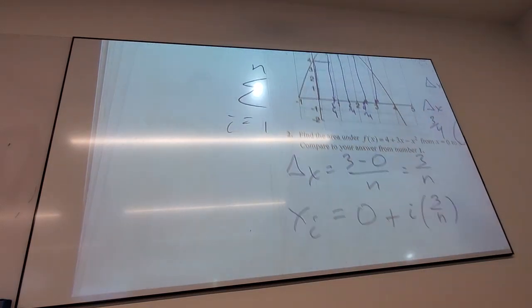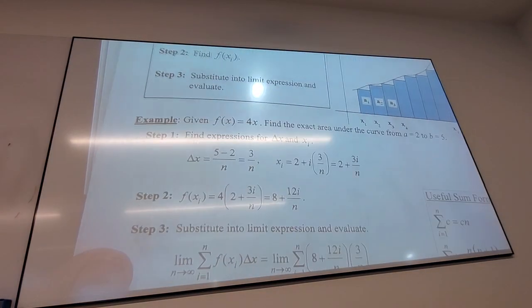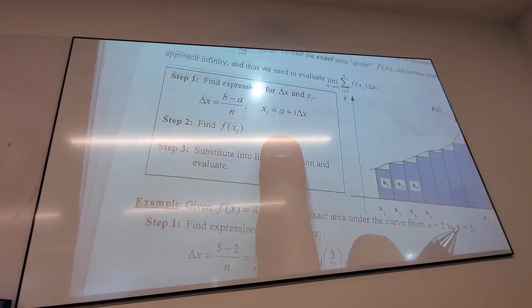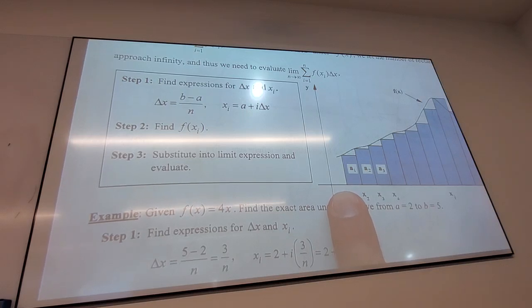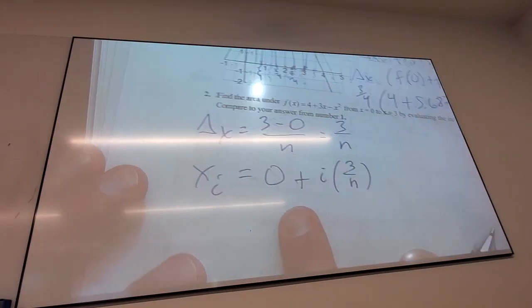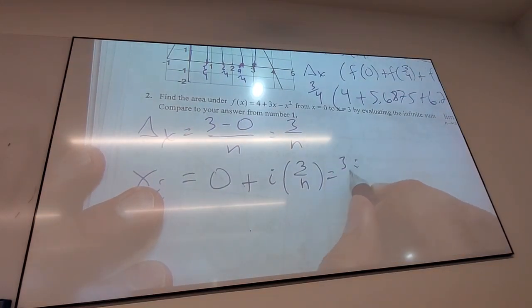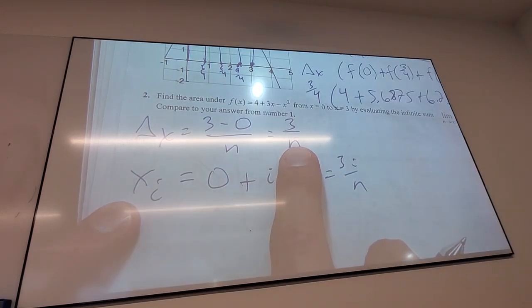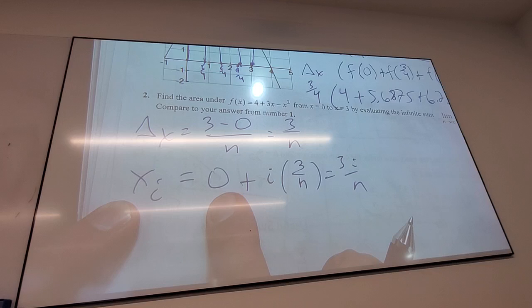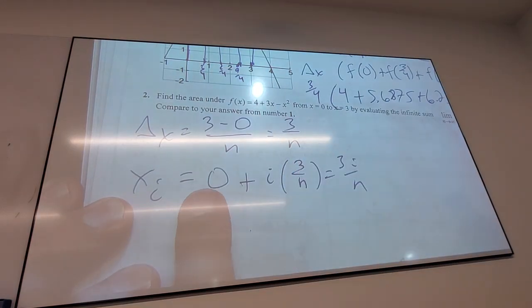So in general, x_i equals 0 plus 3i over n. And why is it 0 plus? Because where do I start? Okay, 0. And now, be careful. This is where people make a mistake. Do you see how this is 3i over n? Is x_i always going to be this times i? No. This was nice because it started at 0, yes? So if I started at 1, this would be 1 plus 3i over n.